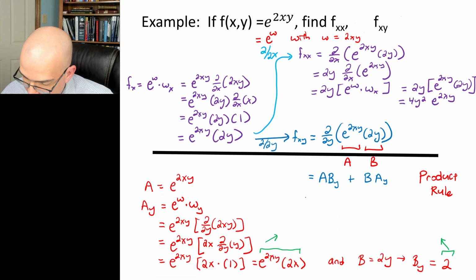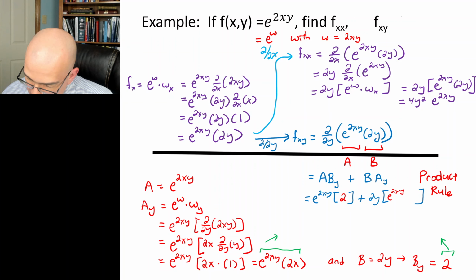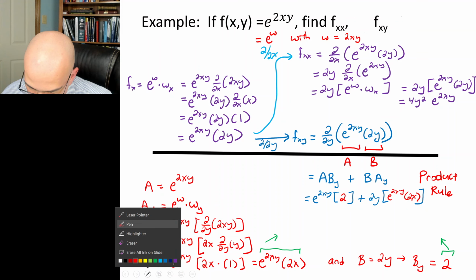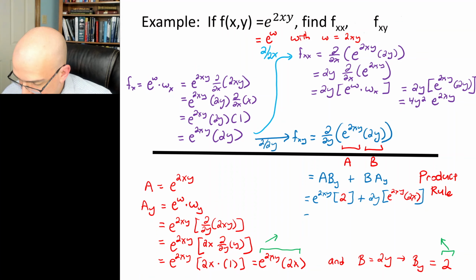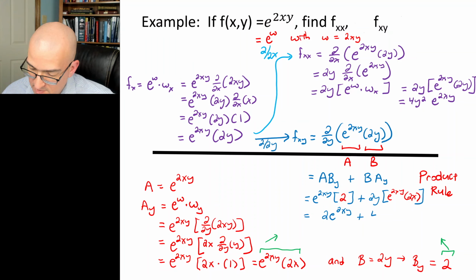So we'll have a, e to the 2xy, times b sub y, which is 2, plus b, 2y, multiplied by a sub y, which we just found, as e to the 2xy times 2x. And then we can simplify. 2e to the 2xy plus 4xy e to the 2xy.